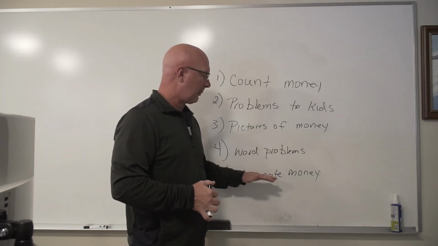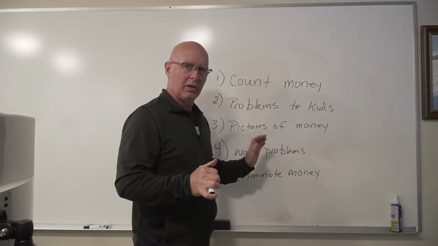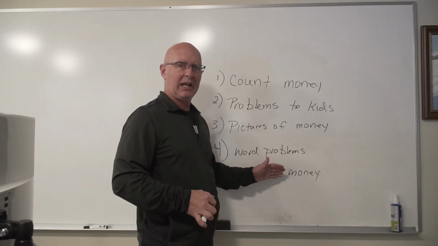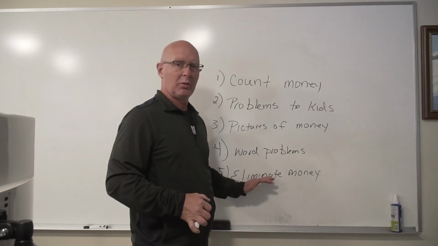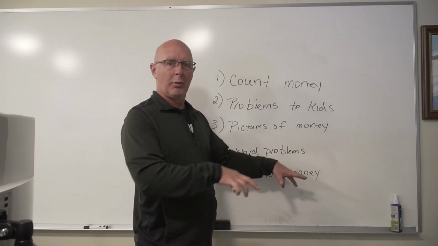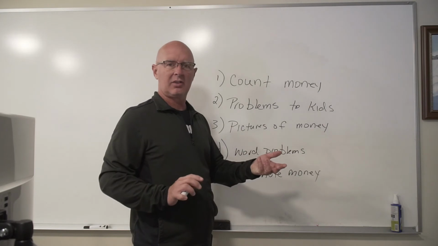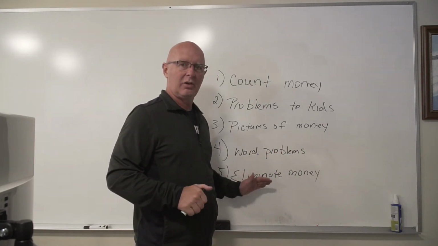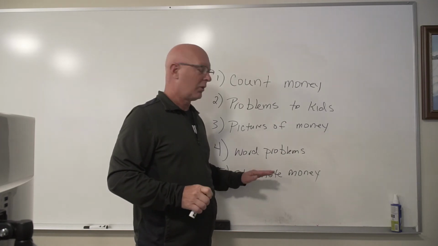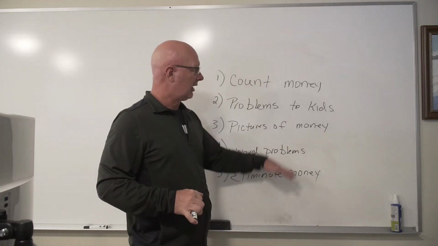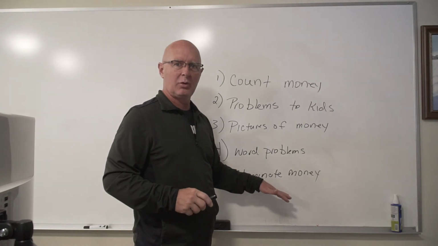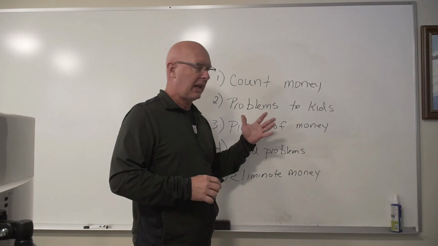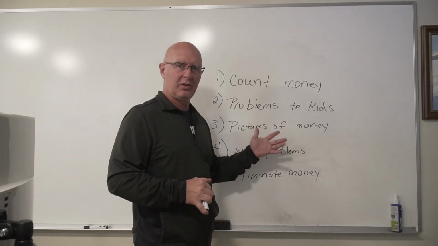What happens if we take away all the quarters? What happens if we take away all the dimes? What happens if you don't have exact change? Those are the things we want to practice by removing some of the money and still asking, give me $7.83. How are they going to do that if they don't have any pennies? So we want to make sure we encompass all of this into our computer program so that we can get this done and have a fun program for the kids to use.